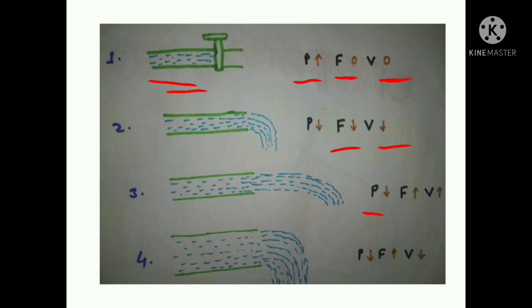As compared to the second case, here maximum water is flowing through this pipe. More quantity of water is flowing through this pipe. That's why flow is maximum and velocity is also more, because the velocity of water is high. You can see low velocity, and that's why water is falling here. Here velocity is high, that's why water is going more forward from the pipe end.